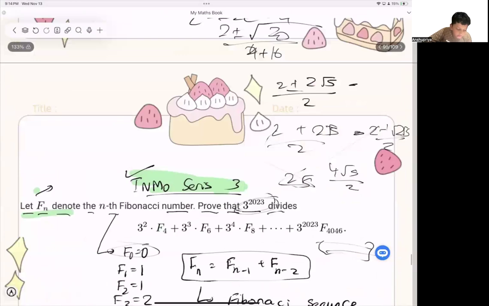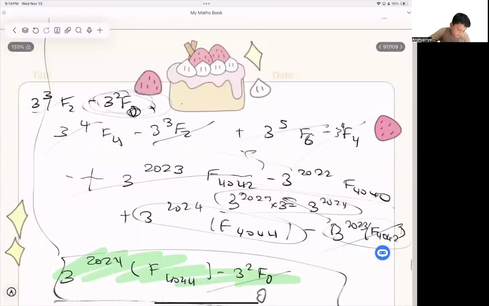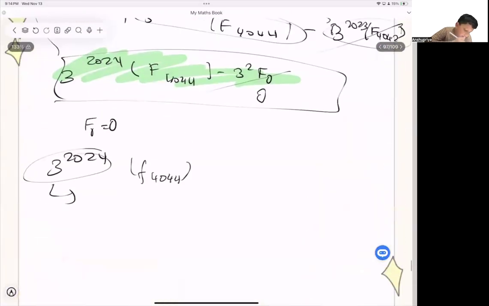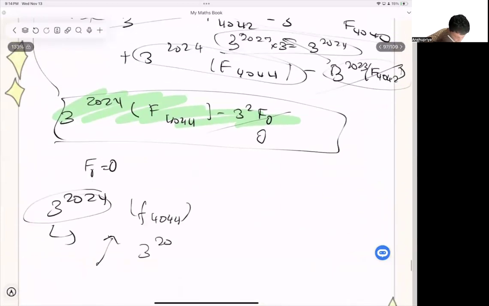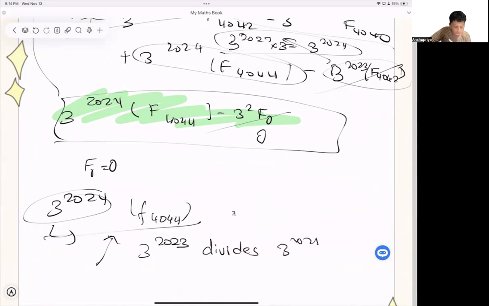That this divides. Basically, we need to find whether this is a multiple or not. So we have found that 3 to the 2023 divides 3 to the 2024 F4044. So this will divide. So proved.